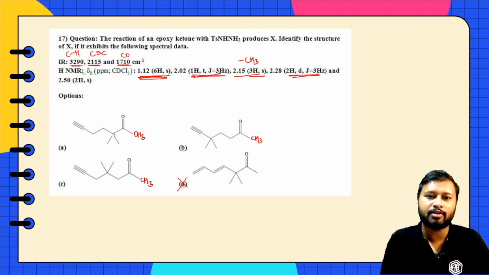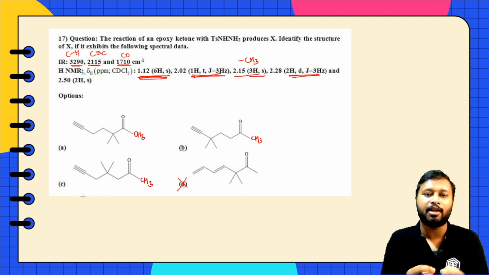Here it is just attached to the carbonyl group, and there it is attached more towards the alkene group, away from the carbonyl. And here again it is a little bit away from it. So now you have to look at the stereochemistry with the help of NMR.